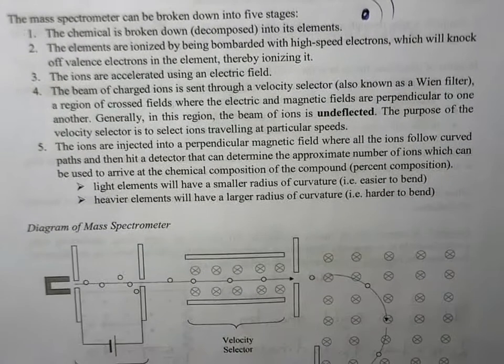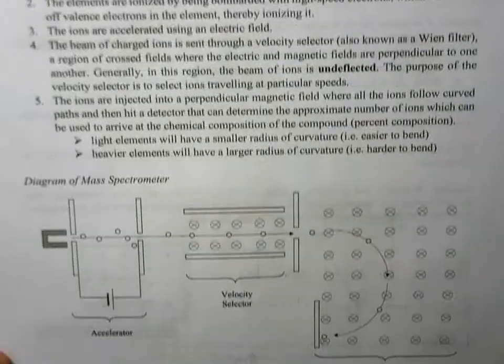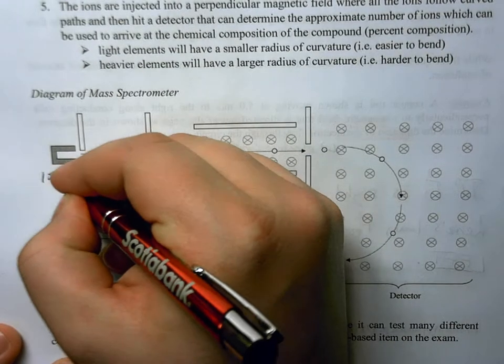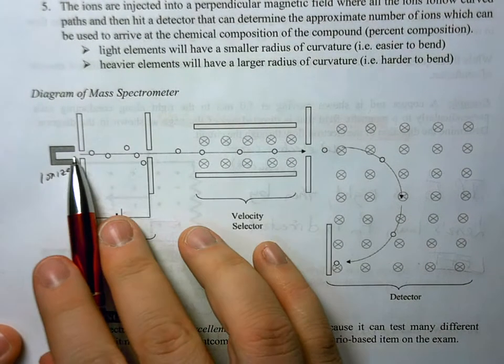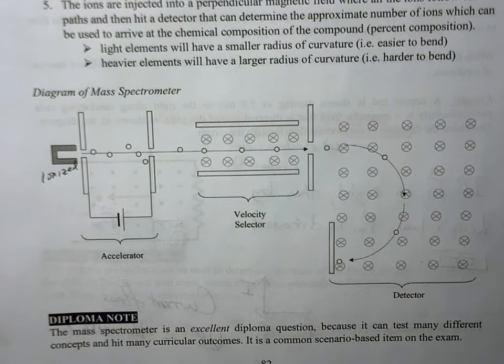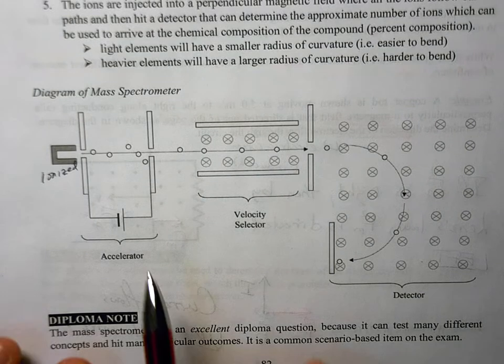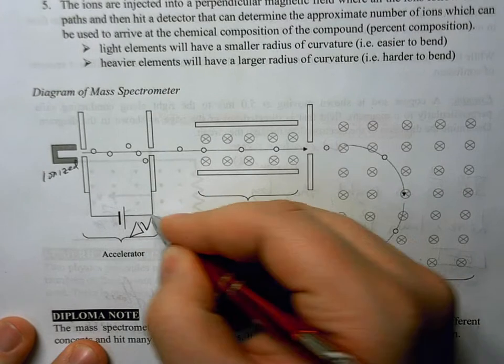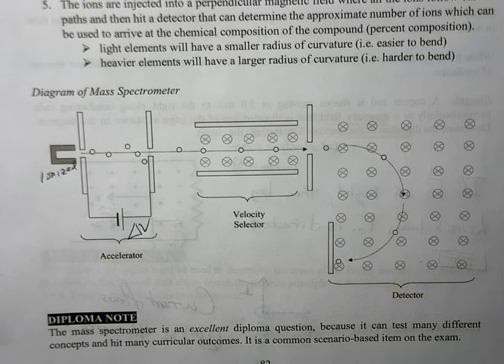So every mass spec is a little different, but generally what's going to go on here is they're going to get ionized in this chamber, and then we're going to pass these ions between two parallel plates, and they're going to be accelerated. Between these two parallel plates, we're going to have a potential difference.